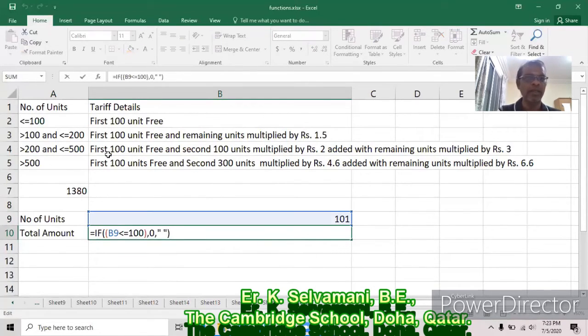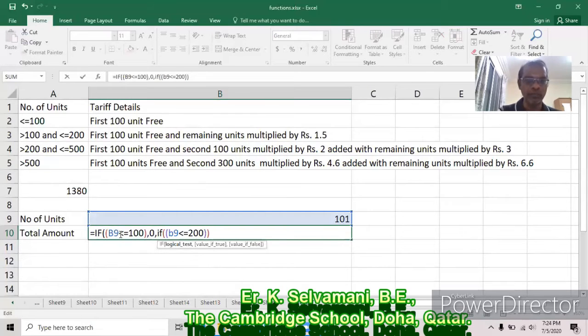Okay. Now we will try out the second slot: if the number of units lies between 100 and 200, that means greater than 100 and less than or equal to 200. The first 100 units should be free, and the remaining units multiplied by rupees 1.5. Instead of this blank, we have to remove it. If B9 is less than or equal to 200, this is the condition.